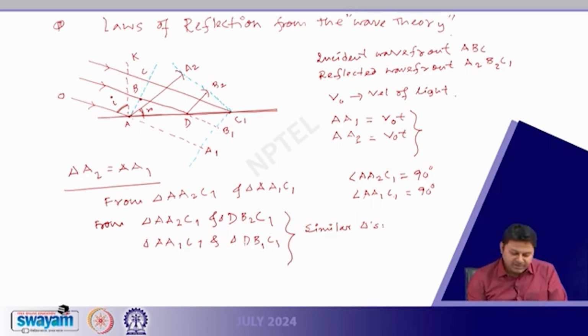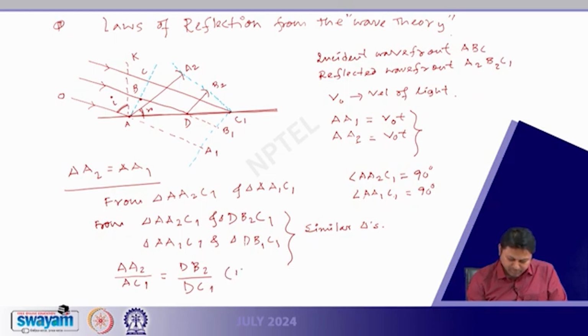Since these two are similar triangles, then we are allowed to write A2 divided by AC1 is equal to this, and this ratio is D B2 divided by D C1.